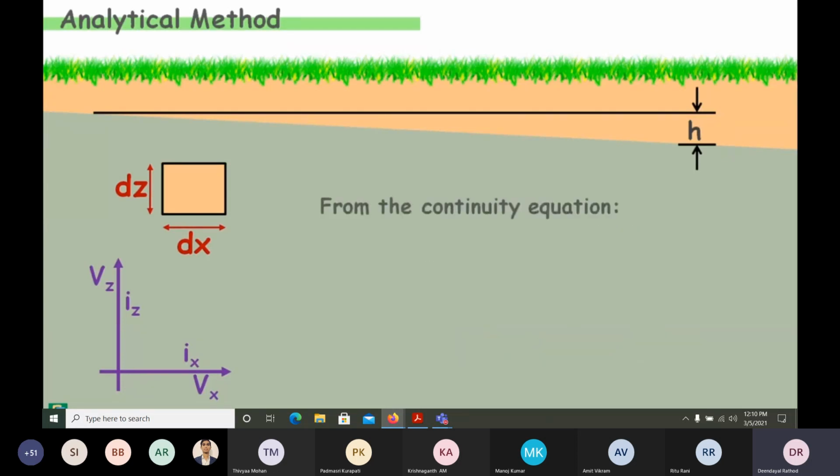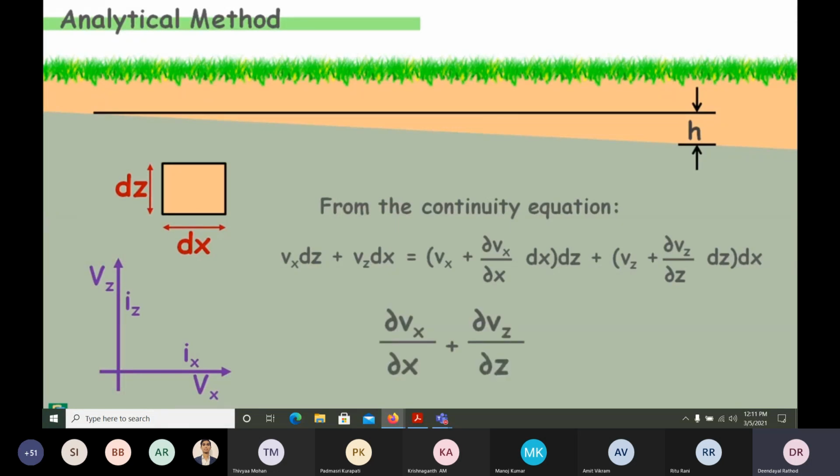Now, using the continuity equation, we can write that the amount of water going into this soil element is equal to the amount of water coming out of it. Remember, it is a simplified model. Well, after solving it, we arrive at a simpler equation of continuity.